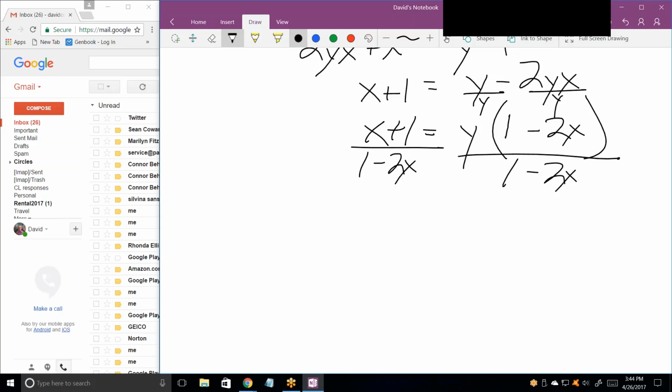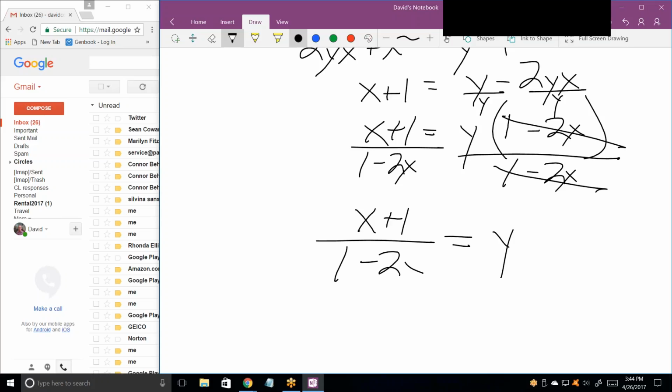And now those cancel, and I'm left with y equals x plus 1 over 1 minus 2x. Okay, that makes sense. That's actually the inverse function. So in reality, what that is is f inverse of x. Since what they gave us was f of x, this is f inverse of x.